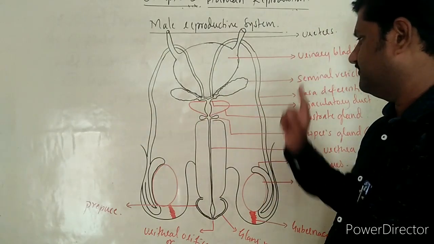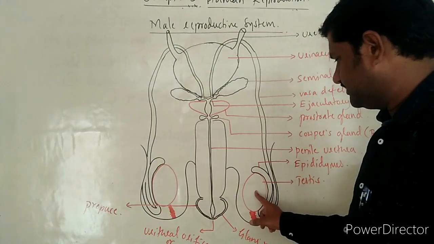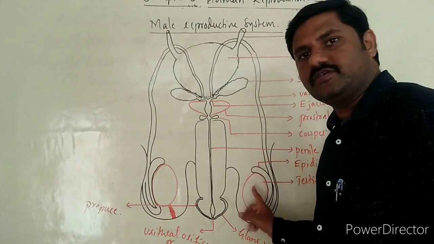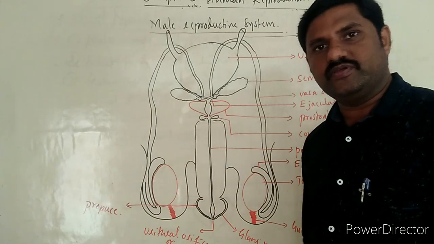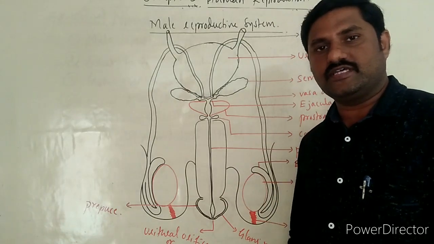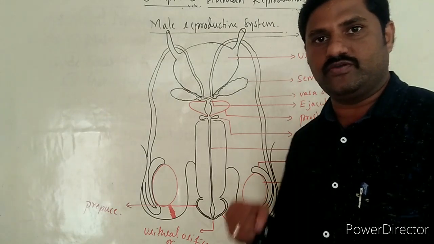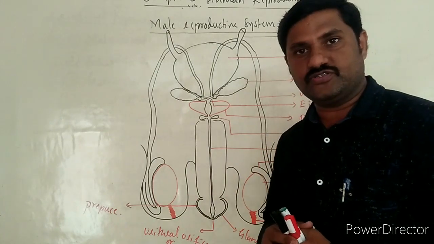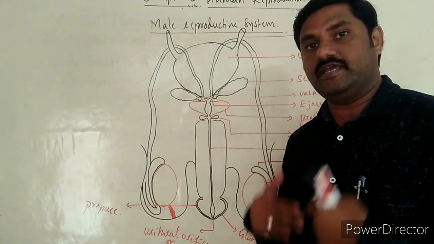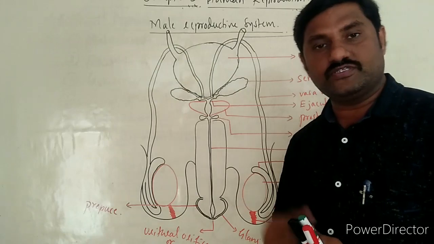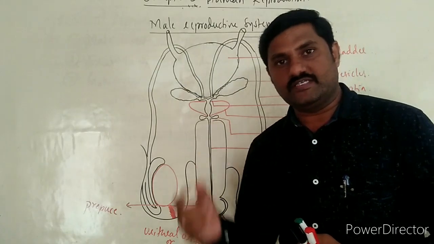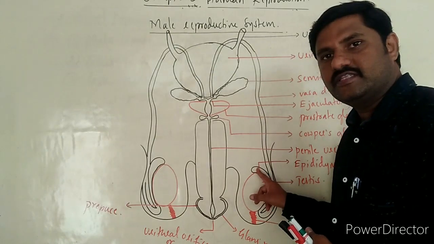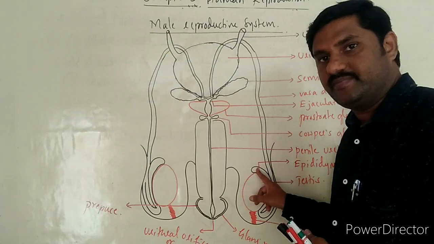A pair of testes contain testicular lobules, and each testicular lobule contains tubular structures called seminiferous tubules. The seminiferous tubules form a network of fine tubular structures called rete testis, and rete testis later open into fine tubules called vasa efferentia. Vasa efferentia later enter into the head part of the epididymis called caput epididymis, right?